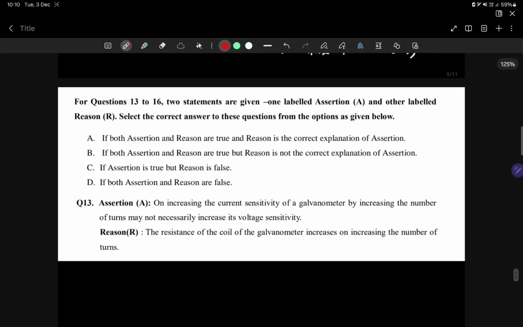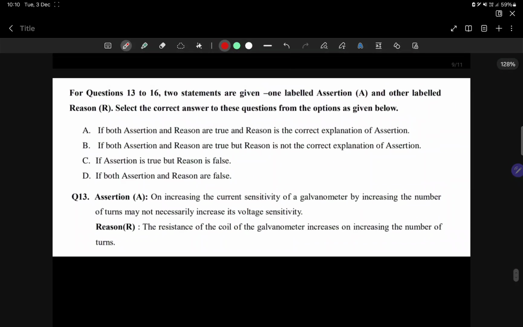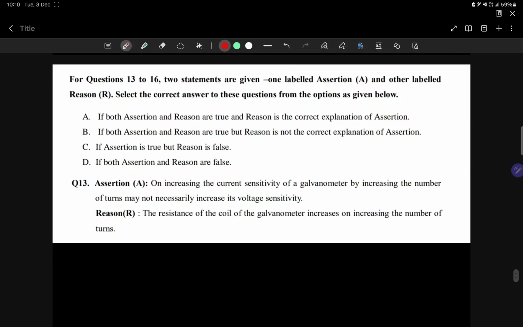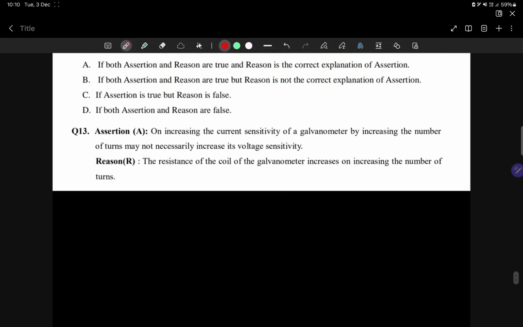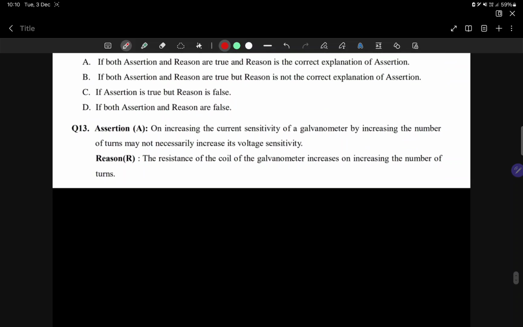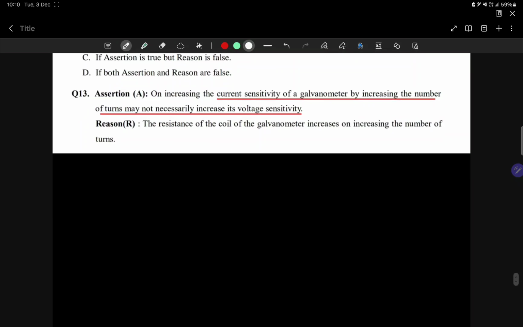Next, question number 13. Questions 13 to 16 are assertion-reason type questions. The first question says, on increasing the current sensitivity of a galvanometer by increasing the number of turns, it may not necessarily increase its voltage sensitivity. So current sensitivity, voltage sensitivity formula.